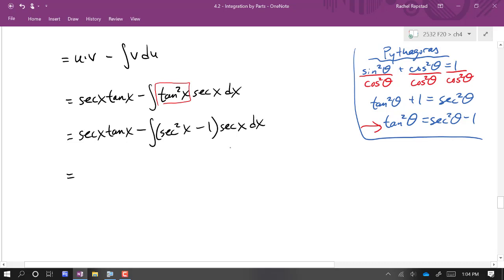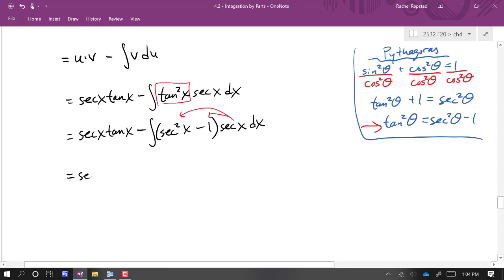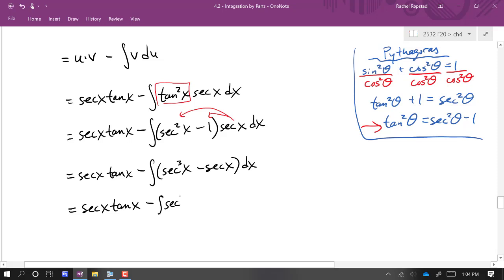Alright, so we've used that identity. I'm going to next distribute this factor of secant, and then I think split up the resulting integral. So we have minus integral secant cubed plus, don't forget we have a double negative here, so it'll be a plus integral secant x.